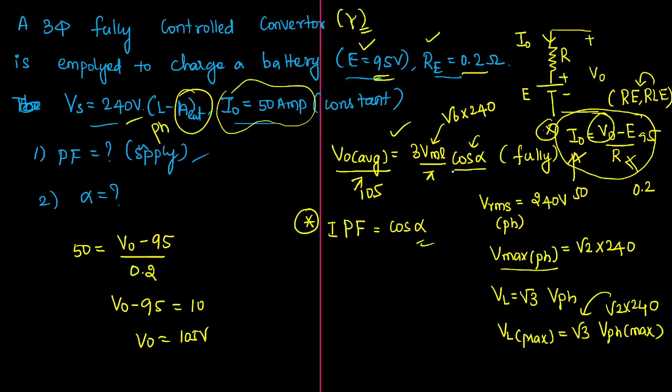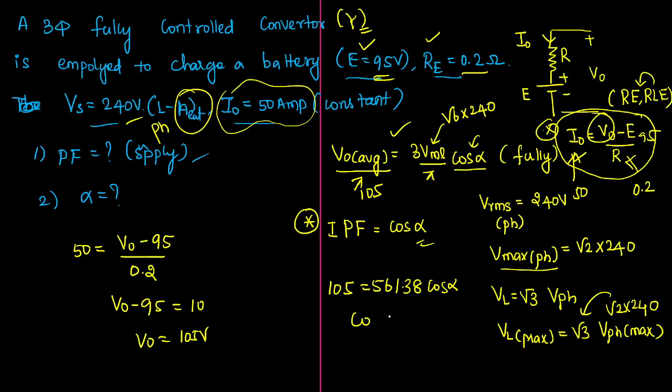Let us reduce. To keep cos alpha on one side, reduce all other expressions. First 3 into root 6, we have to multiply it by 240. Then I am dividing it by pi. So on the right side we have 105, and on the left-hand side we will have 561.38 times cos alpha.